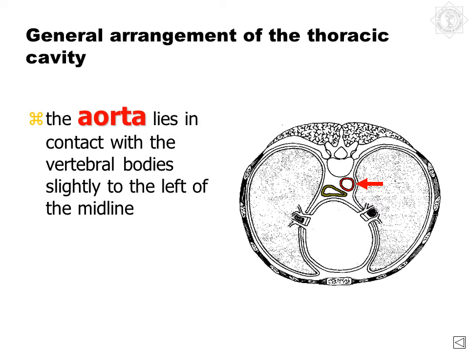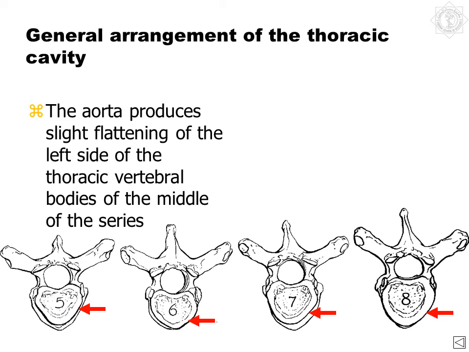Also we see the aorta lies in contact with the vertebral body posteriorly, slightly to the left side of the midline. The aorta produces slight flattening of the left side of the thoracic vertebral body in the middle of the series.